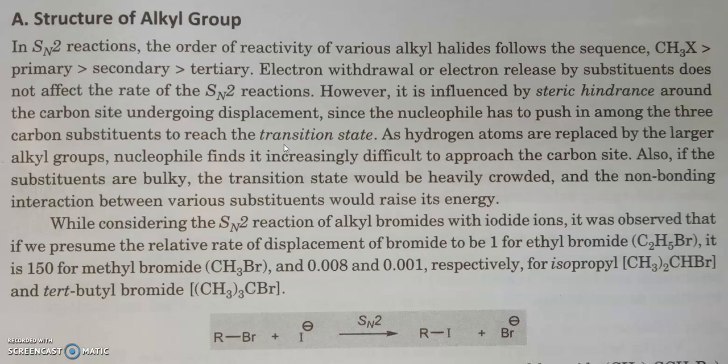While considering the SN2 reactions of alkyl bromides with iodide ion, it was observed that if we presume the relative rate of displacement of bromide to be 1 for ethyl bromide, it is 150 for methyl bromide and 0.008 and 0.001 respectively for isopropyl bromide and tert-butyl bromide.